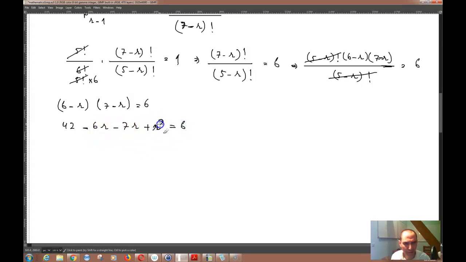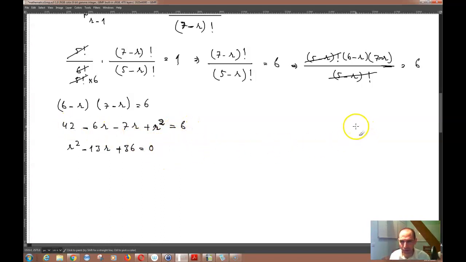Then we have r squared minus 13r, and 42 minus 6 is equal to 36, so r squared minus 13r plus 36 is equal to 0. So 36 plus 6 is equal to 42, of course.